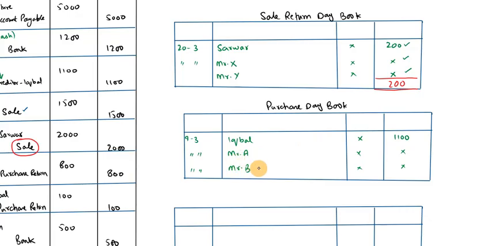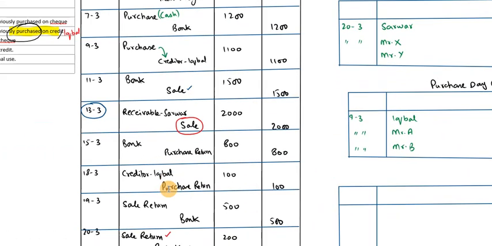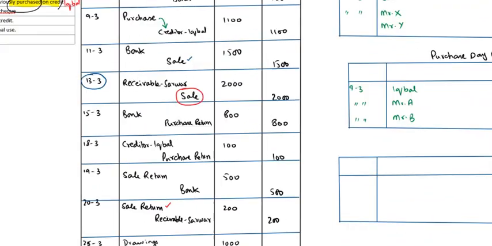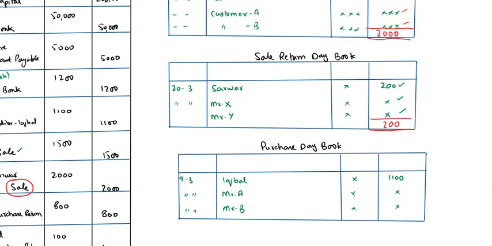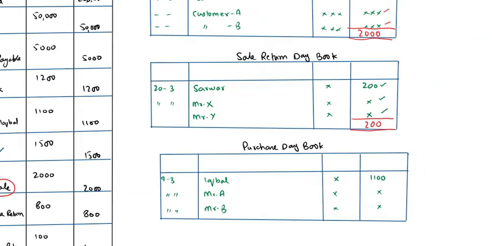In our question we have none other than Iqbal as a credit purchase, so we will record only Iqbal. There is no other credit purchase available in our question, so we total the amount. So the total amount will be 1100. This is the total of the purchase day book.